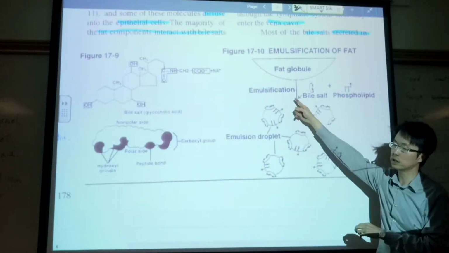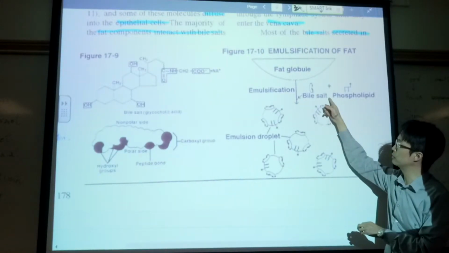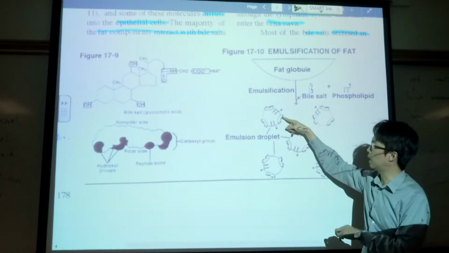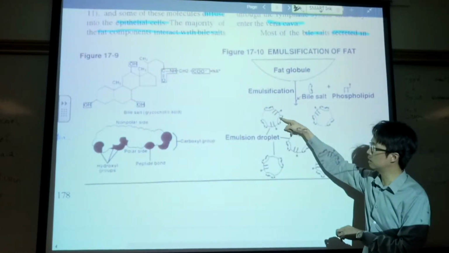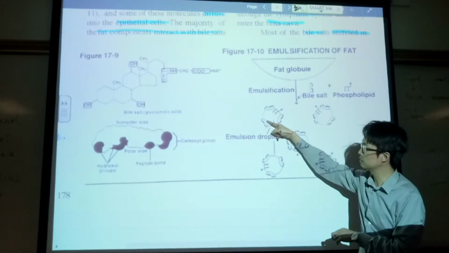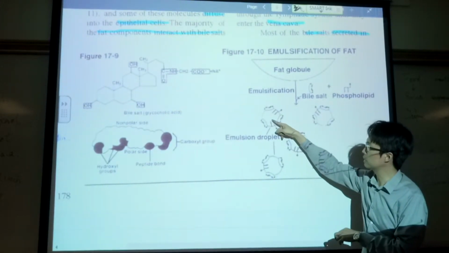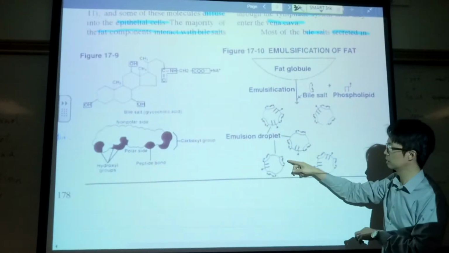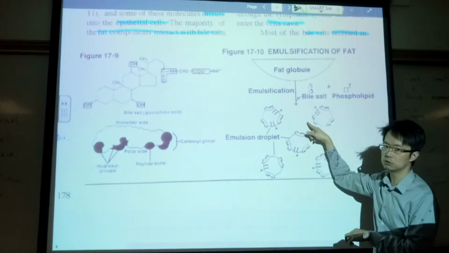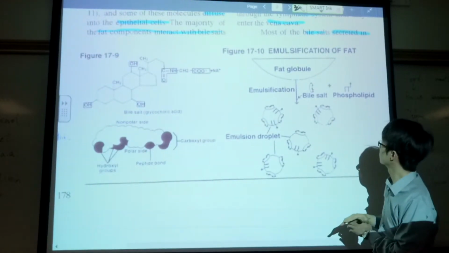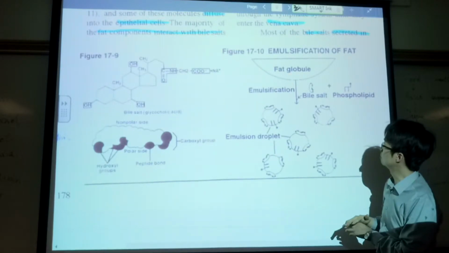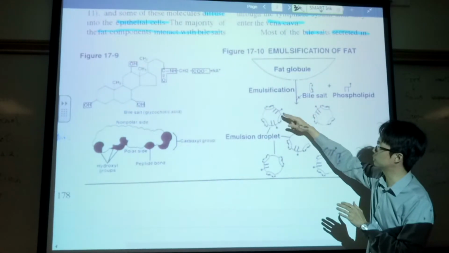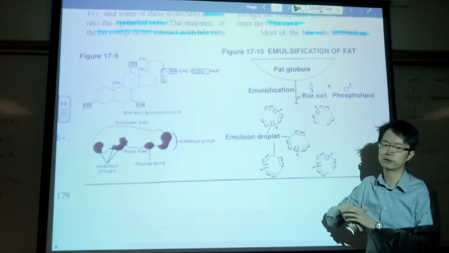The process is called emulsification, meaning that we add bile salt so that the non-polar side of the bile will surround the fat and break it down into small droplets, like this. The polar end will be facing out to the water. So the process of breaking down a fat globule into small droplets, we call emulsification.